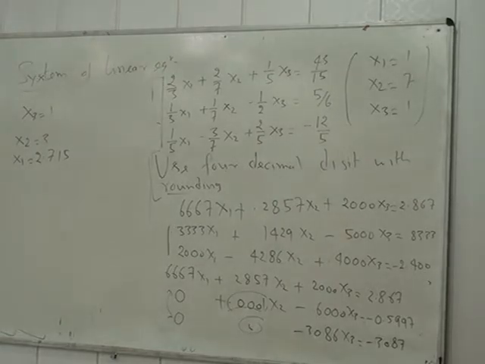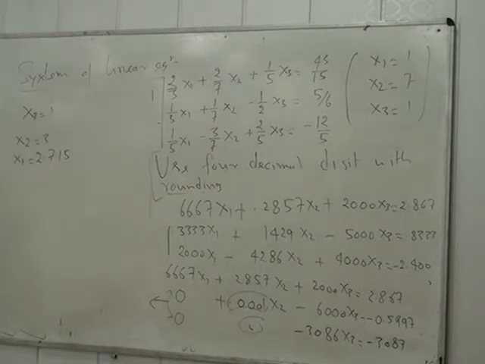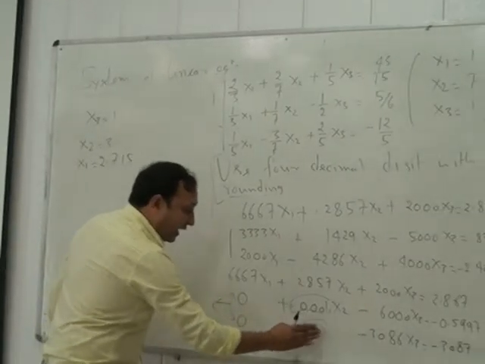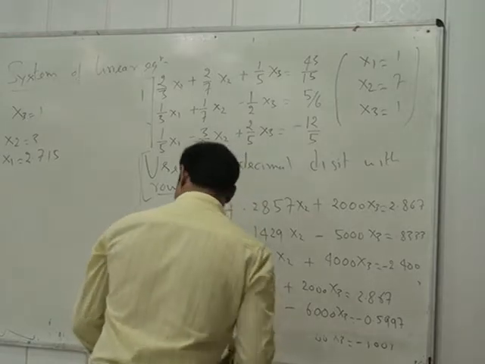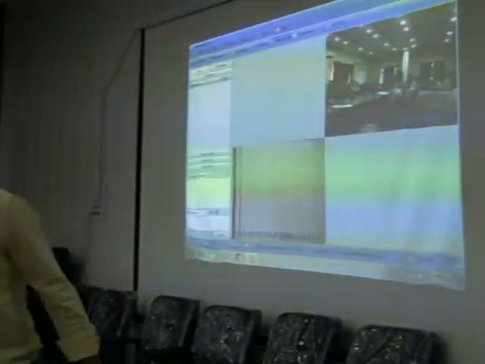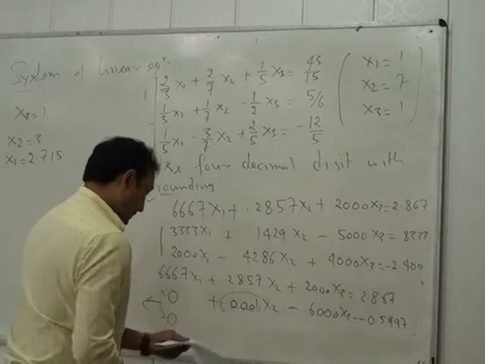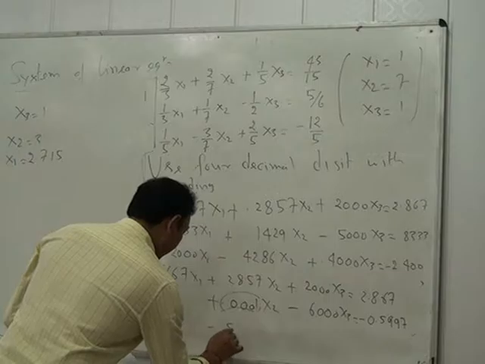So that's one. If you add this step, you interchange these two rows, I will tell you what the entry was there. This entry was some minus 0.5143 x2 plus 0.3400 x3 equal to something, whatever.